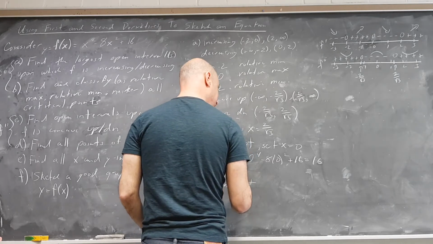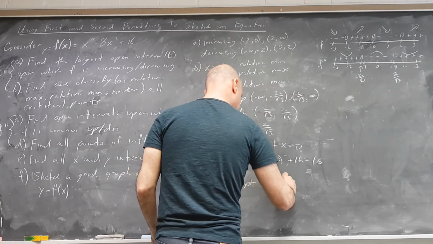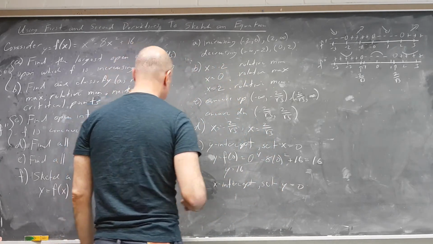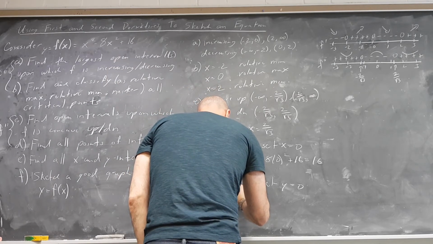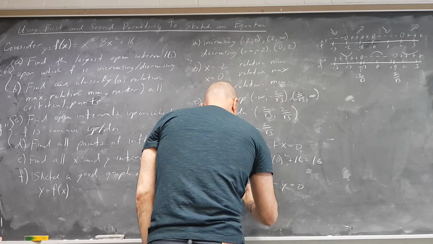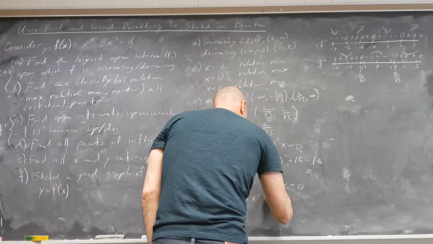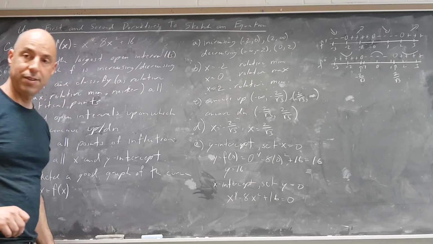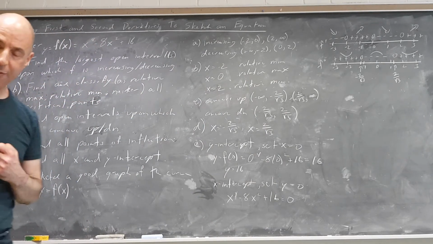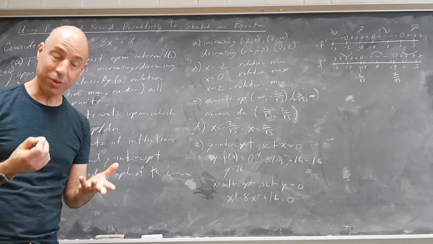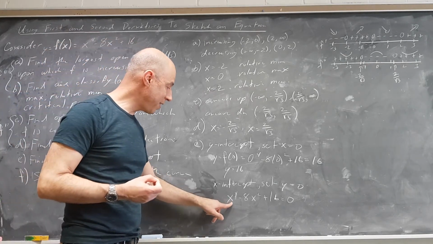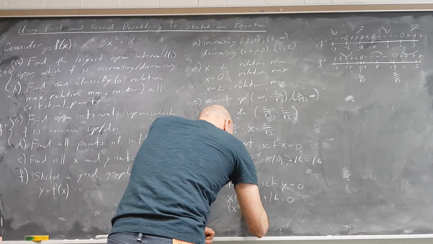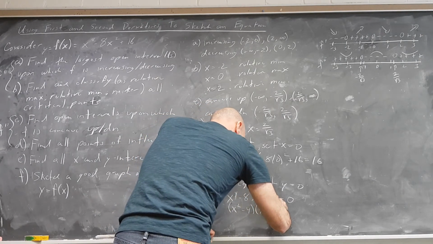And let's go ahead and find our x-intercepts. We will this time set y equal to 0. So we have x to the fourth minus 8x squared plus 16 equals 0. Now we have to fall back on our algebra skills. If you take a look at this, you'll see that it factors. X squared minus 4 times x squared minus 4.